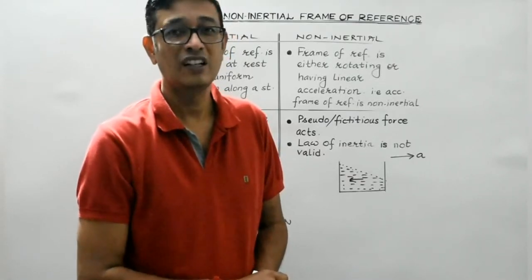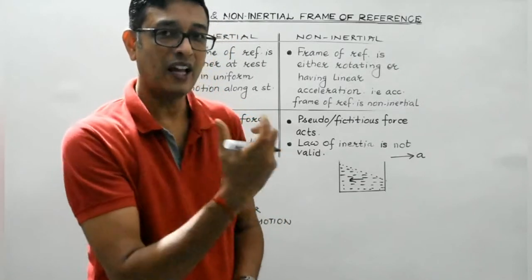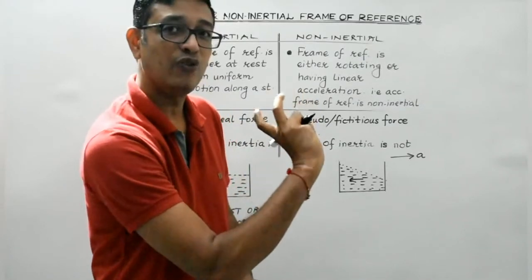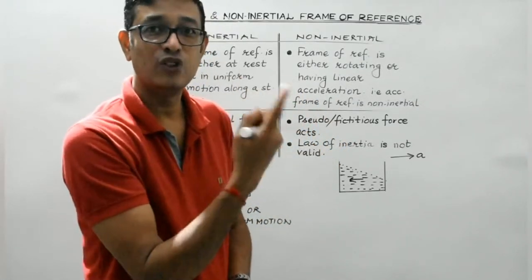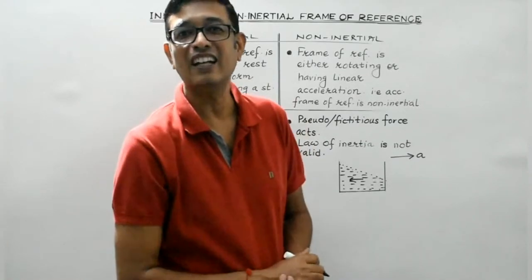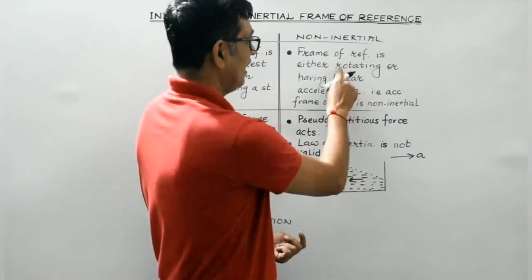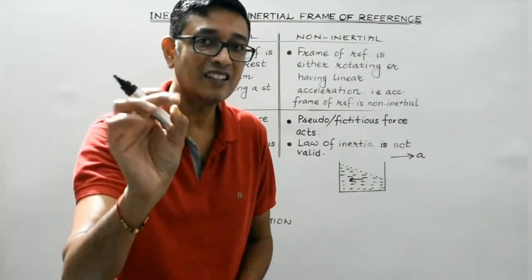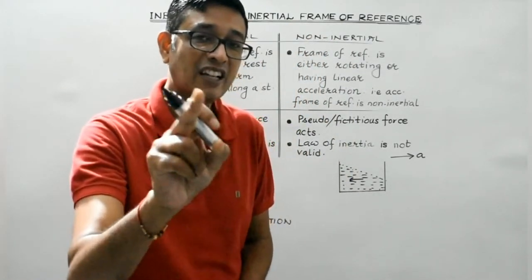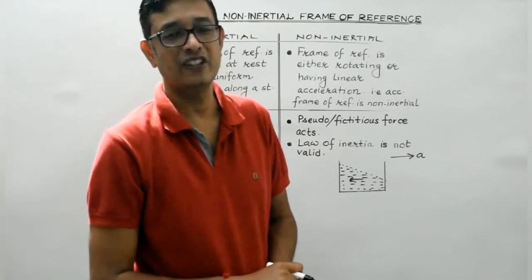Again I repeat, students, Earth rotates about its own axis and the sense of rotation is from west to east. So since the Earth rotates, therefore it must be having centripetal acceleration, and any accelerated frame of reference must be non-inertial. So strictly speaking, Earth must be treated as non-inertial frame of reference.